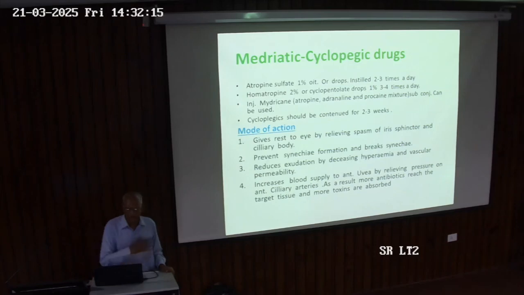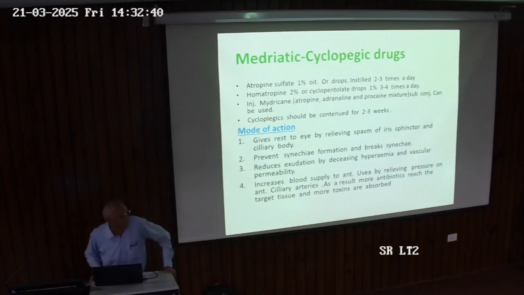Okay, we will start all the dilators, atropine, homatropine. Mode of action of atropine: 3-4 actions are there. It gives rest to the eye, relieving the spasm of the sphincter and ciliary body; prevents synechiae formation and breaks synechiae; reduces exudation, decreasing hyperemia and vascular permeability; increases blood supply to the anterior uvea by relieving the pressure on the anterior ciliary artery.